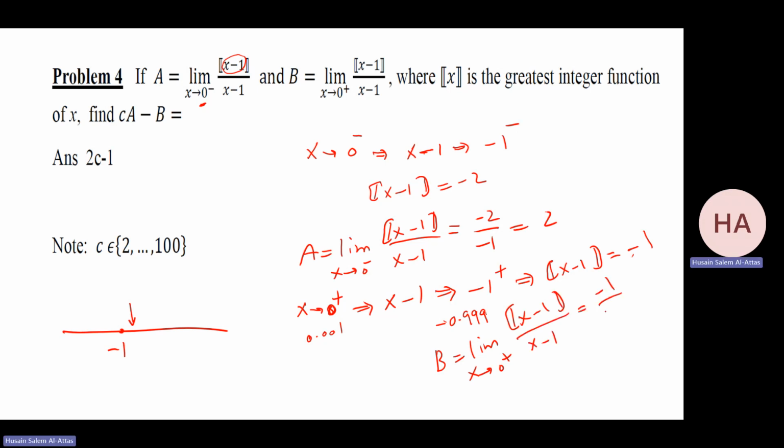It will be minus 1 over minus 1, which is 1. Now substitute. So B is 1 and A is 2. So that will be 2C minus 1, which is this answer.